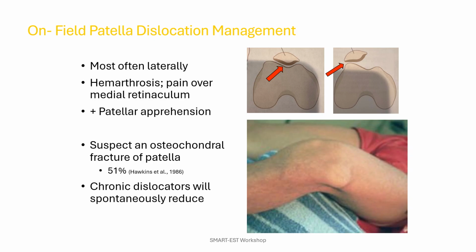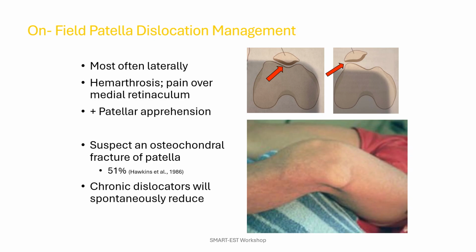The illustrations show the normal relationship of the patella and the femur, as well as what occurs when the patella dislocates. Most patella dislocations occur laterally, and you have a hemarthrosis as well as pain over the medial retinaculum and a positive patellar apprehension test.